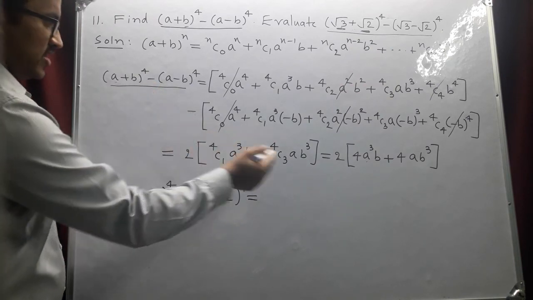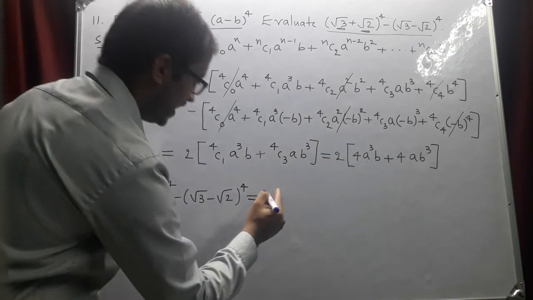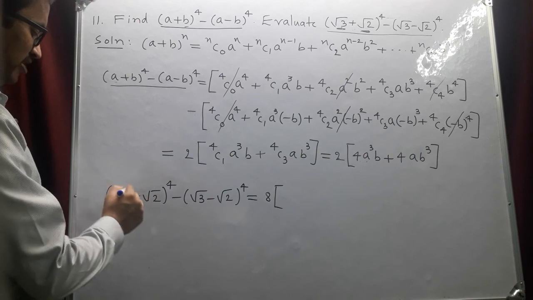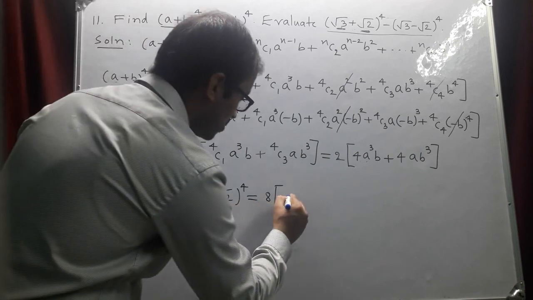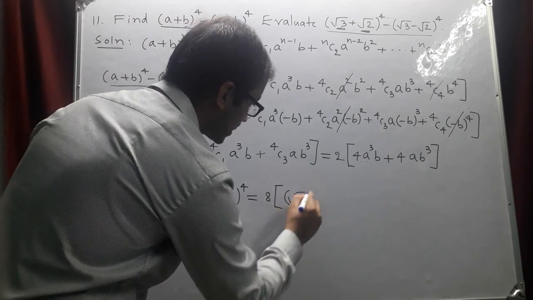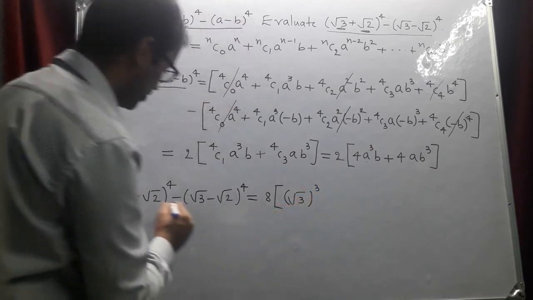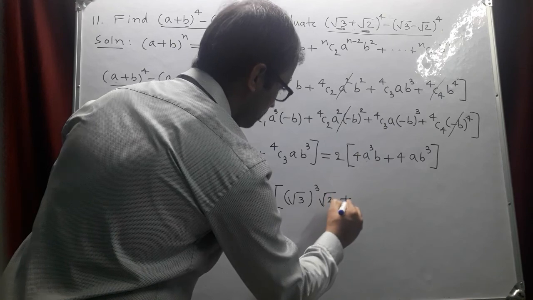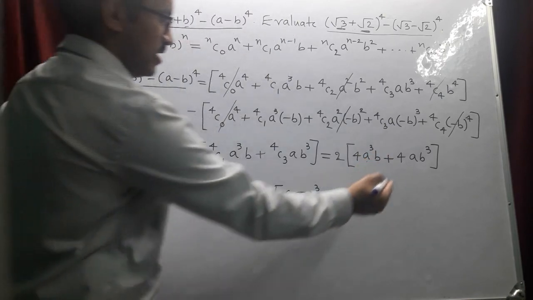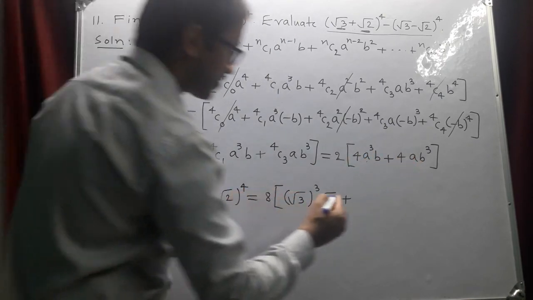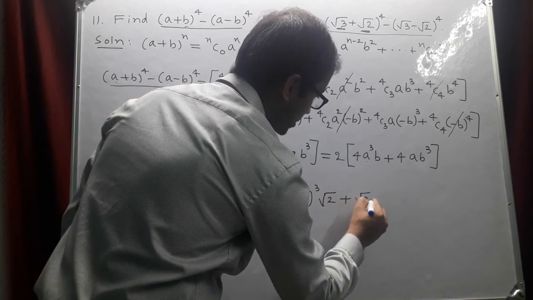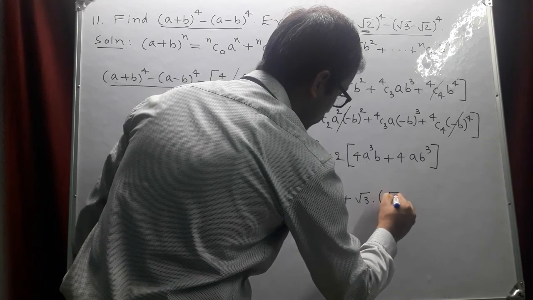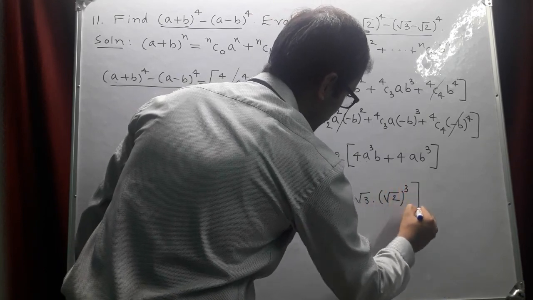So if you simplify, we get 8 times (a cube b plus a b cube). The a value is root 3, whole cube, into b; the b value is root 2, plus a, that is root 3, into b cube, b cube means root 2 whole cube.